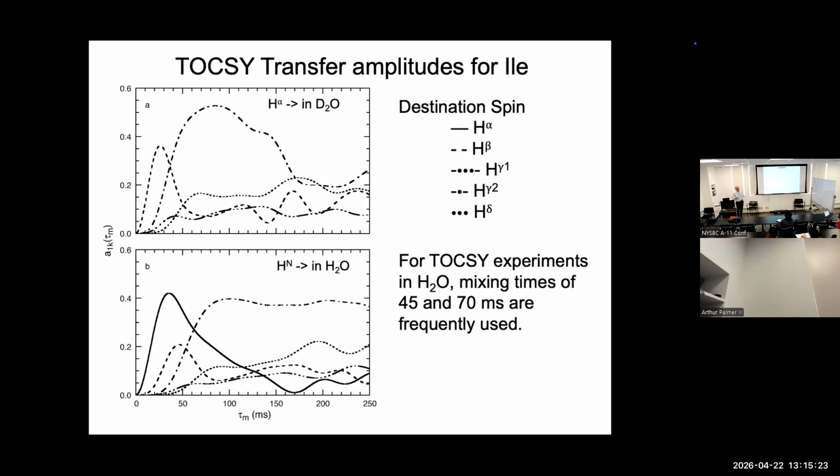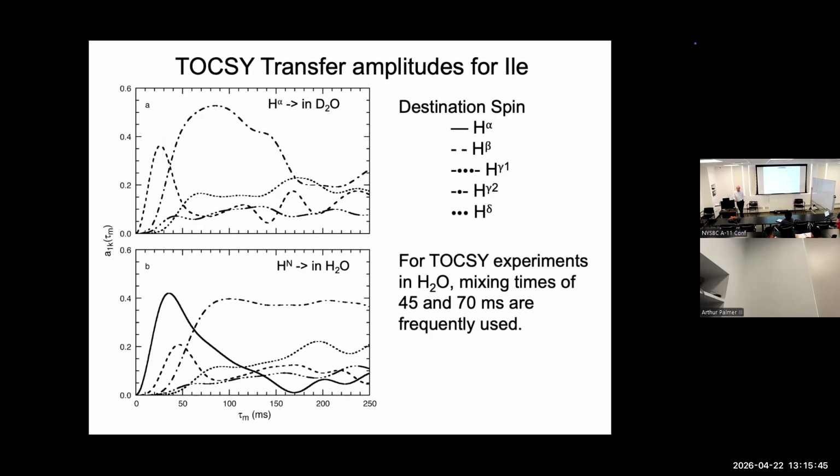And obviously it depends on what you think all the J couplings are. So I don't remember, we picked some nominal J couplings here. And then the game is to pick a mixing time that kind of gives you what you want. Obviously, these profiles look different for every amino acid.